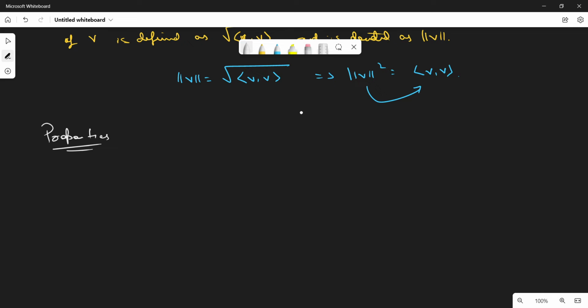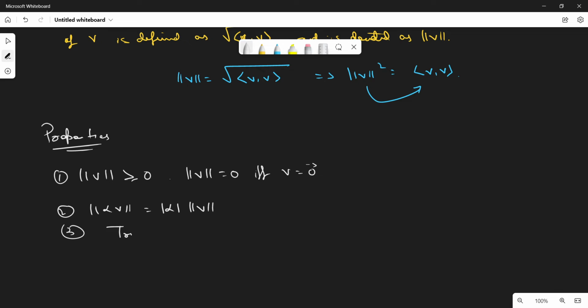We are discussing these properties using the norm notation. So we have norm of a vector is always greater than or equal to 0. Norm of a vector is equal to 0 if and only if the vector is 0. Point number 2, norm of a constant multiple of a vector is equal to the constant taken outside with its mod times the norm of the vector.